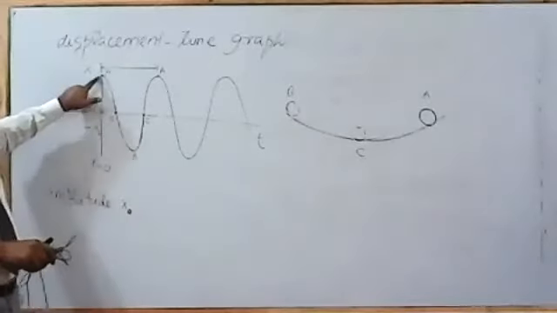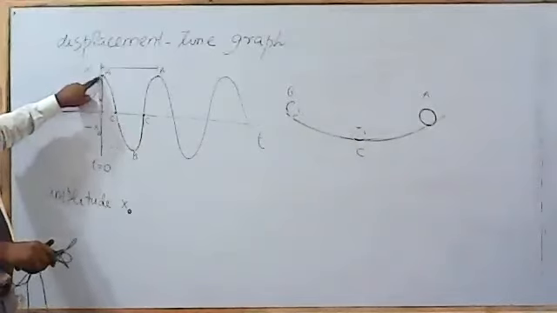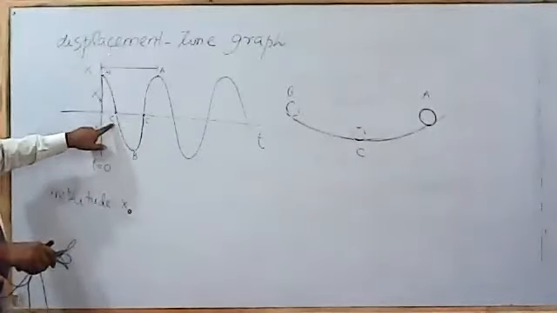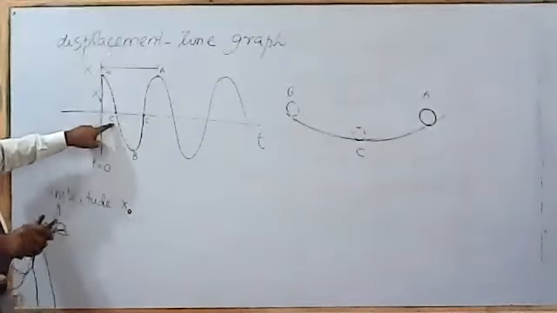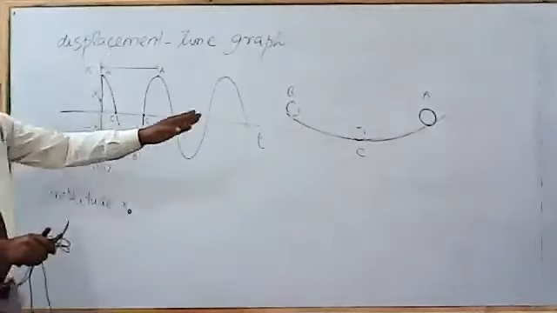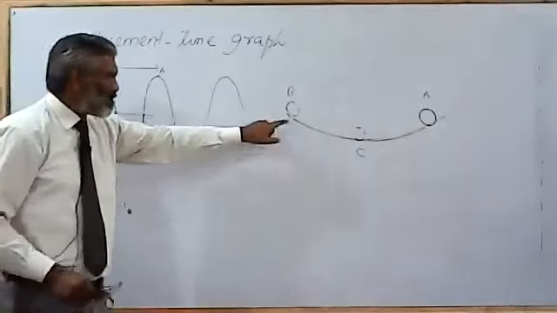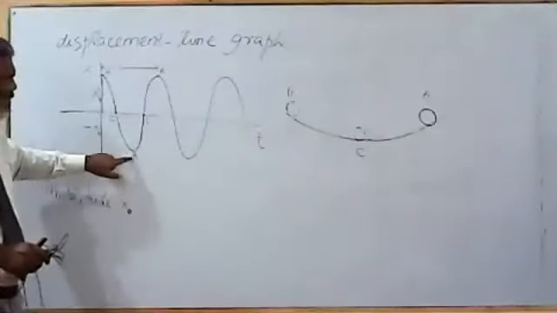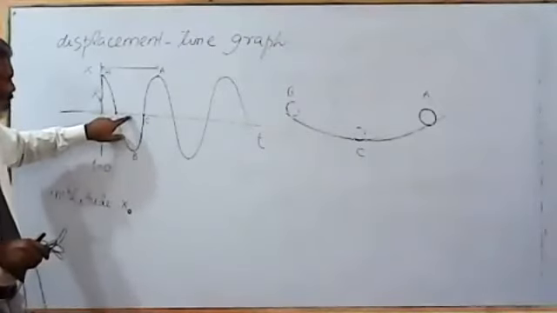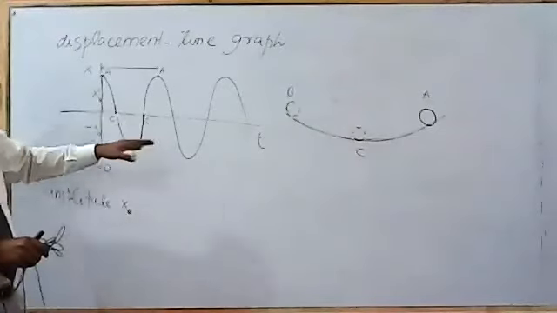So it started from the extreme position A, and it rolls down to position C when its displacement is 0, which means it is at mean position here, and then it rolls up to this extreme that we have labeled as B, and that is the instant. You can read here from the graph what instant it is when it is at this extreme.